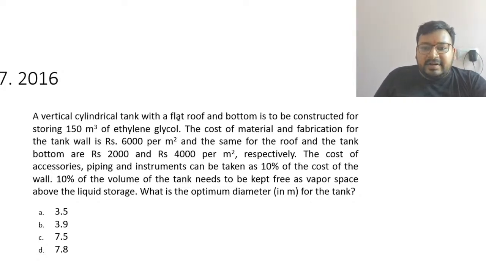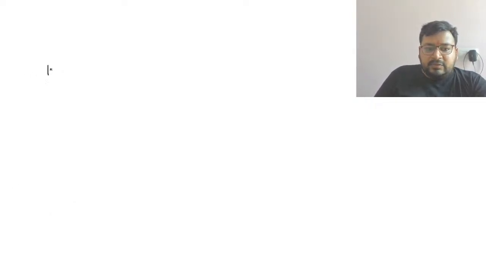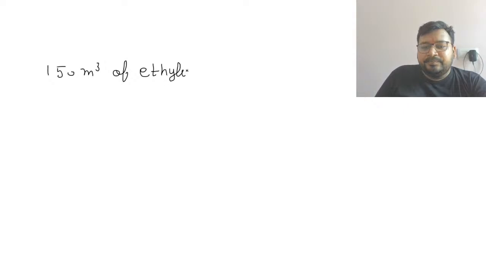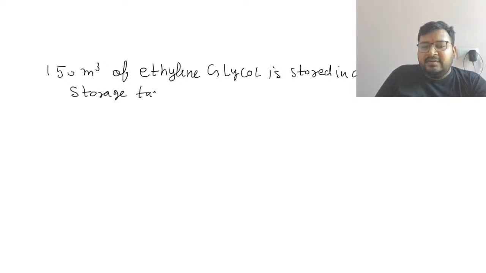A vertical cylindrical tank with a flat roof and bottom is to be constructed for storing 150 meter cube of ethylene glycol. So that is the data given to us.